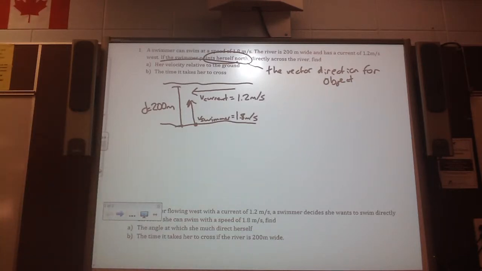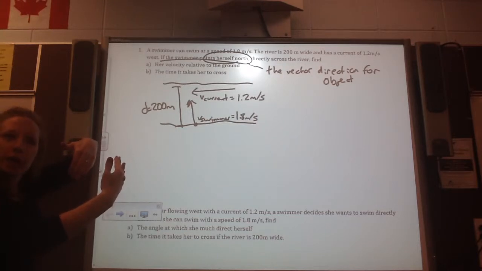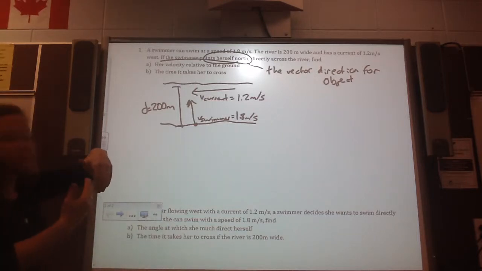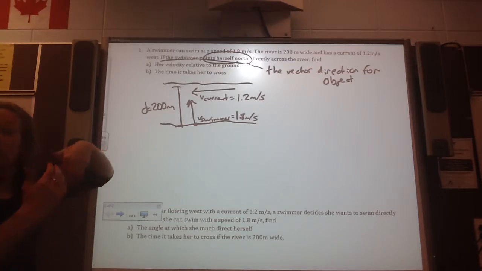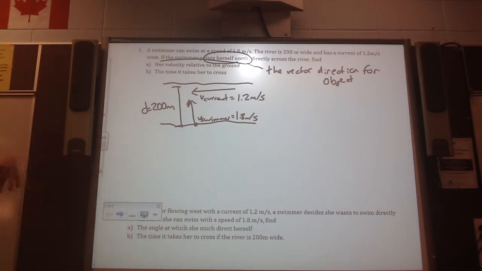So if we have the current flowing this way, west, and the swimmer starts to go the direction of north, which way are they going to get pushed? With the current, right? They're going to get pushed kind of northwest. So from the shore, they will be looking like they are moving down the river, right?